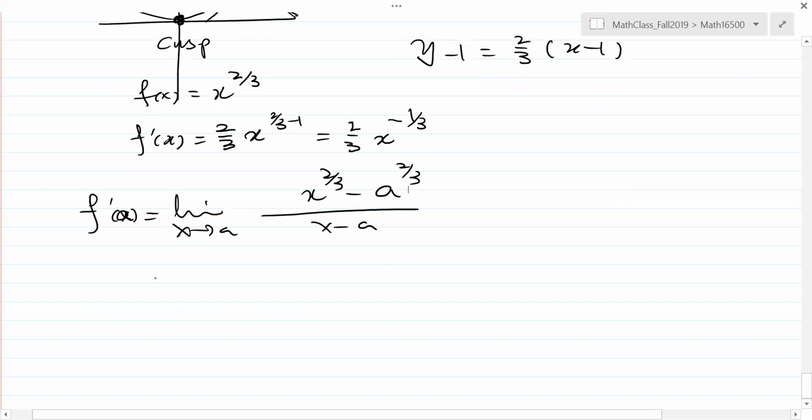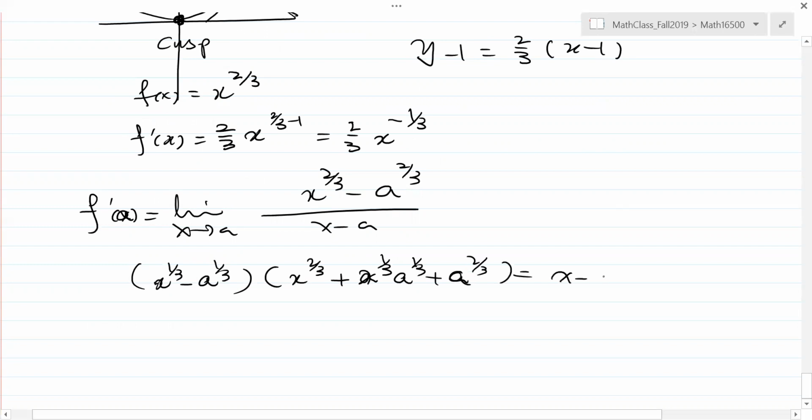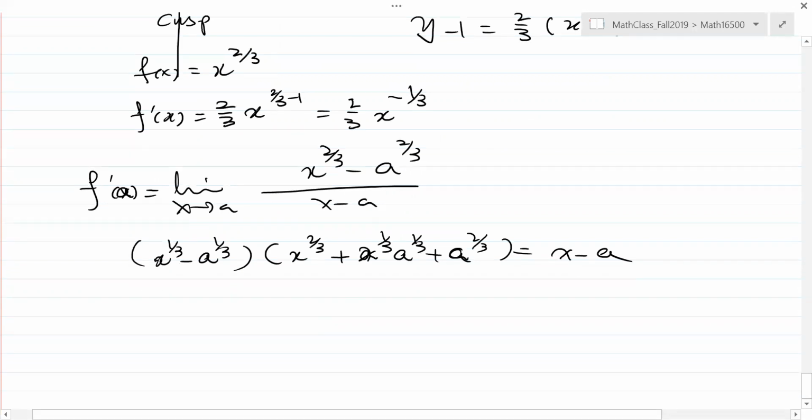But you do need the following formula: x to the 1/3 minus a to the 1/3, times x to the 2/3 plus x to the 1/3 a to the 1/3 plus a to the 2/3, is going to be x minus a. Why?